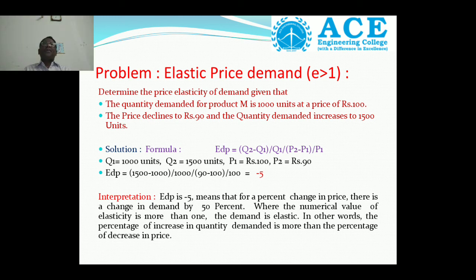So what is the formula for relatively elastic demand? Q2 minus Q1 by Q1, divided by P2 minus P1 by P1. First you should know the meaning of Q2 and Q1.